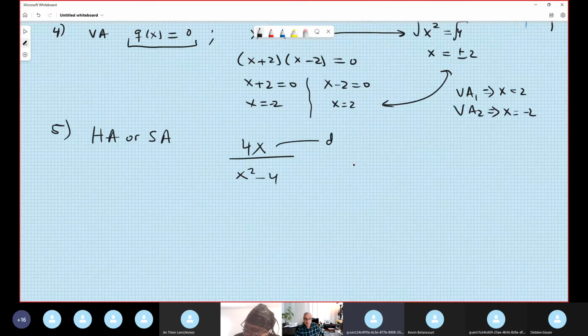The degree of this polynomial is 1. The degree of this polynomial is 2. So my question is, do we have slant, horizontal, or I have no idea? What should I do? Help me.